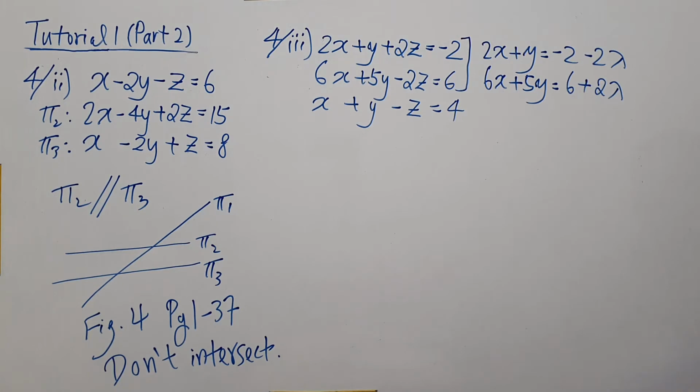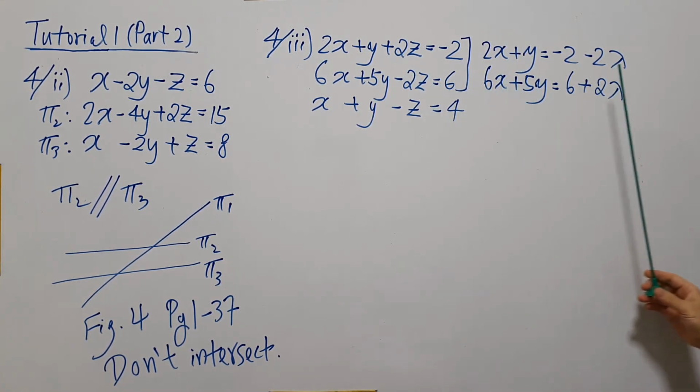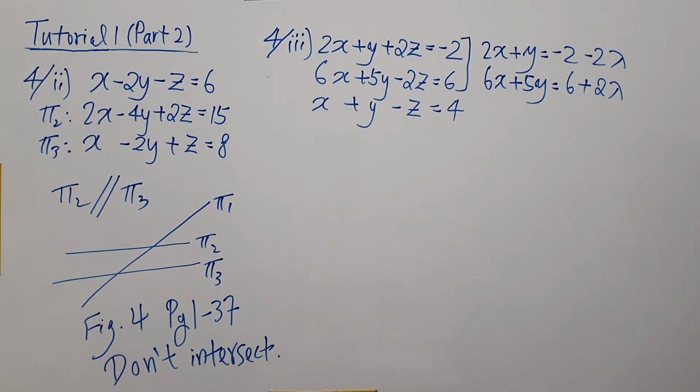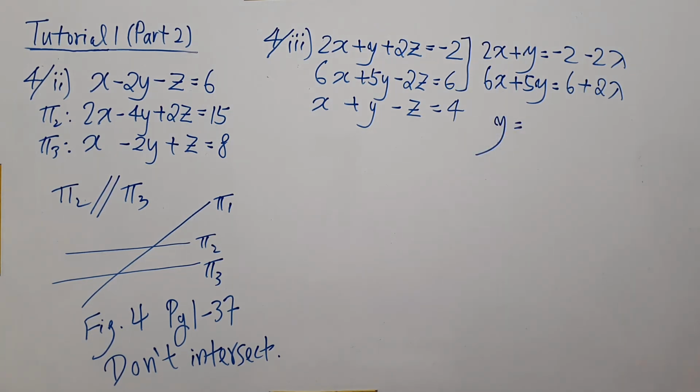We are letting z be lambda, so that my two equations are obtained by moving the z to the right-hand side and replacing z as lambda. Now from here, we want to solve for x and y in terms of lambda. Let me solve it from here.